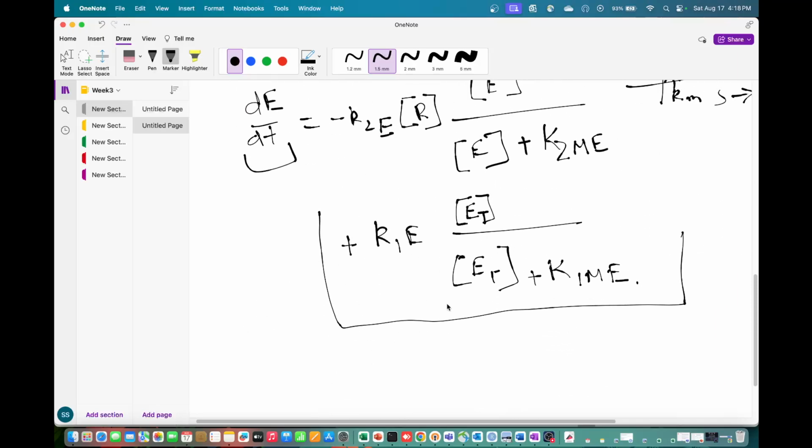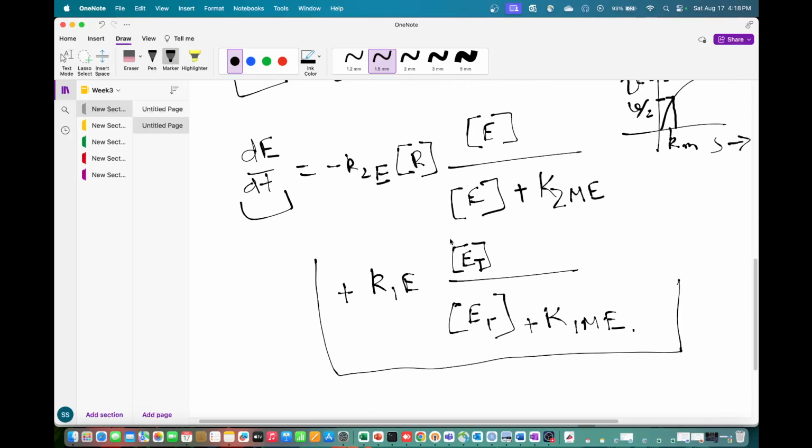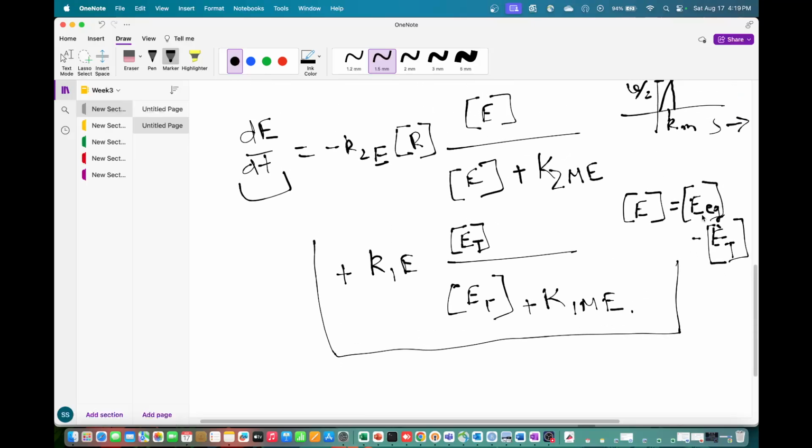Now if you want to make certain substitutions, say for example E, you can substitute as E equal to E equilibrium minus E at time t. So this is the total E in the system.